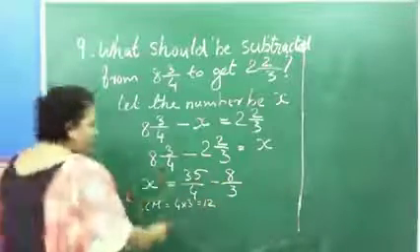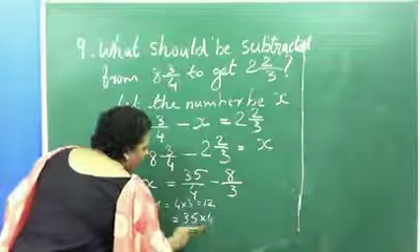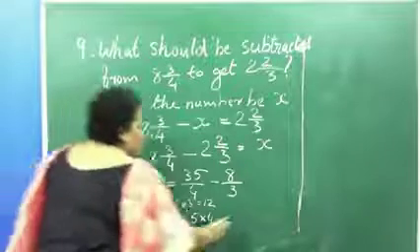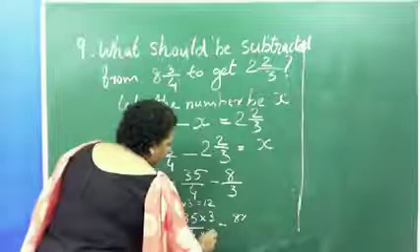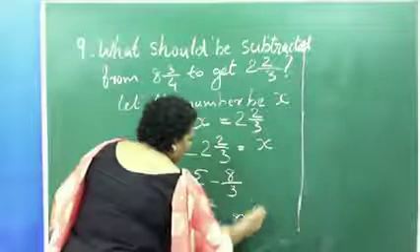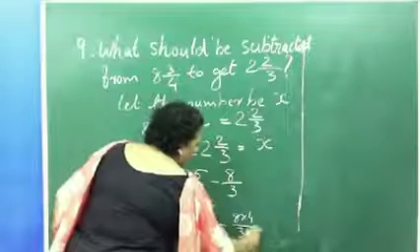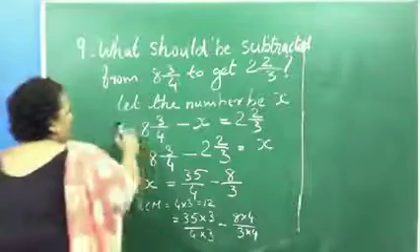So I am going to do that: 35 into 3 by 4 into 3, minus 8 into 4 by 3 into 4. I hope you got it.